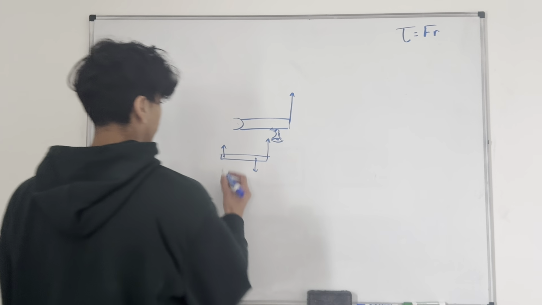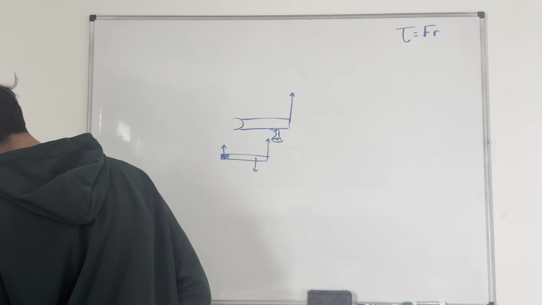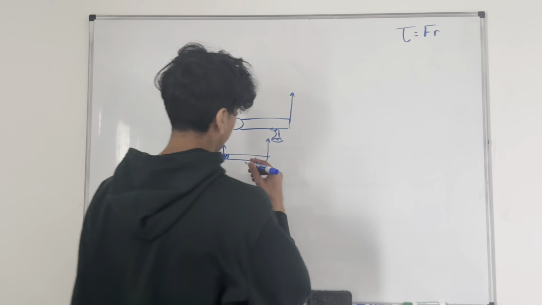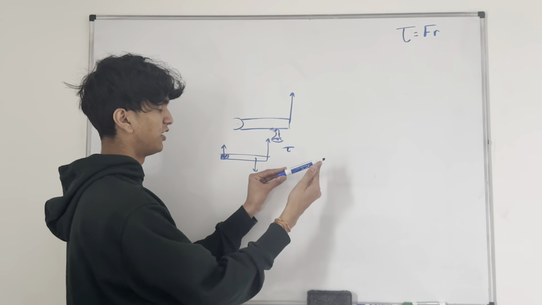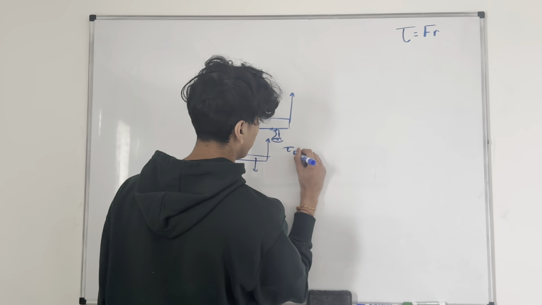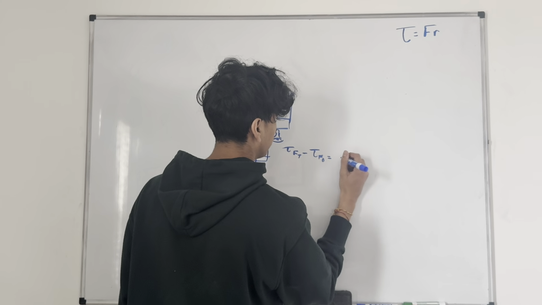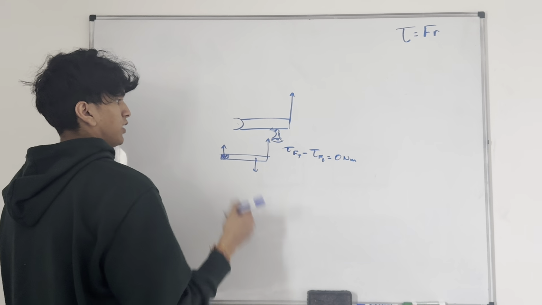So let's use our axis of rotation right here because I'm not given anything about the hinge. So torque, would this be clockwise or counterclockwise? It would be clockwise. So torque by Ft minus the torque by the bell is going to equal 0 newton meters.